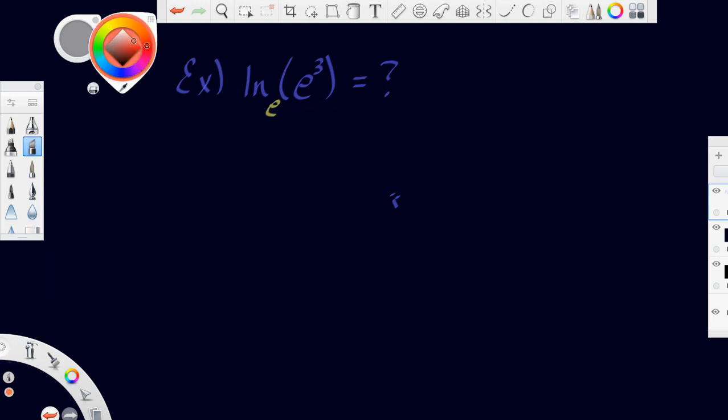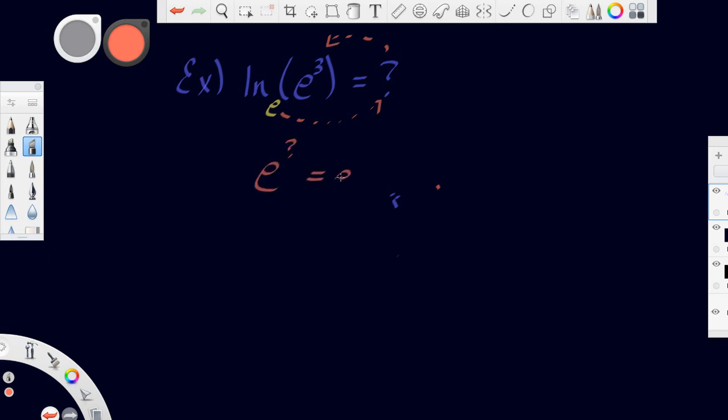If we wanted to work this out by rewriting it, that would be e raised to the question mark equals e to the 3. So what power do you have to raise e to in order to get e to the third power? Well, you have to raise it to 3. So the answer would be 3.